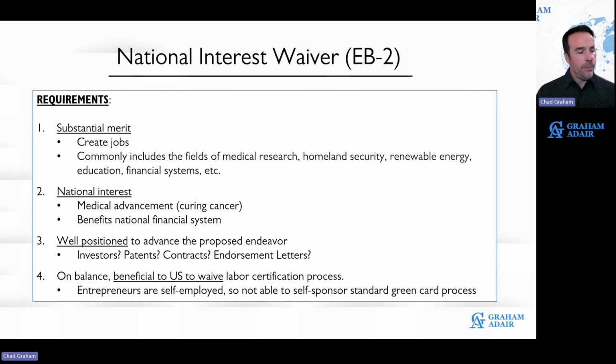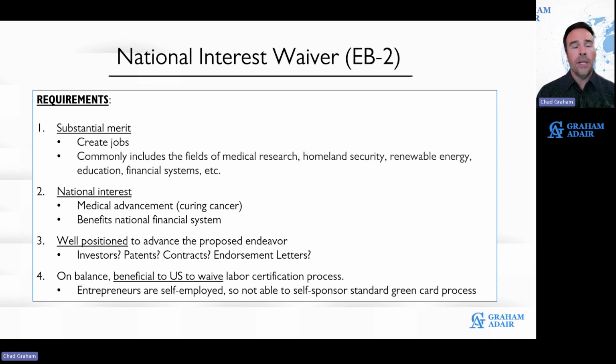Okay, so I'm going to talk about a couple of self-sponsorship options within the green card process. Most people that go through the green card process are sponsored by their employer, and their employer pays for it, and they're kind of tied to that employer because the employer applied for their green card process.